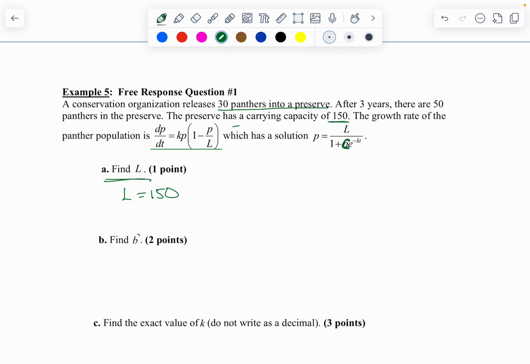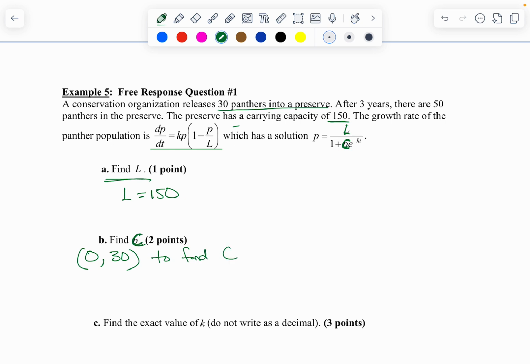Done. Find C. In order to find C, we need to use some pieces of information. So we know what L is, and we want to find C. We know that when time is 0, they introduced 30 panthers.